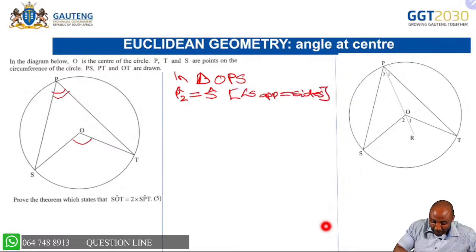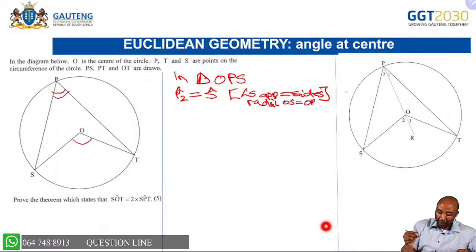If you check, OP is a radius, OS is also a radius, isn't it? Or I can put radii, OS is equal to OP as one of the reasons there. It depends on how you want to put it.